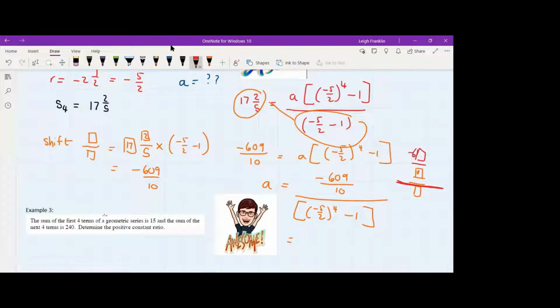In here you put the minus 609, over there you put the 10. Then toggle down to the bottom, and in here put your bracket, another bracket, minus 5 over 2, close bracket, to the 4 minus 1, close bracket. If you open two brackets, you must close two brackets, press equals, and you should get minus 8 over 5 as your final answer.